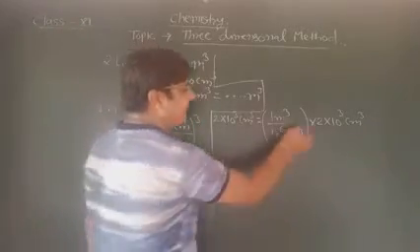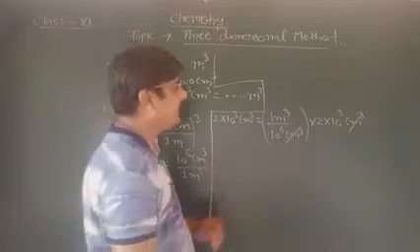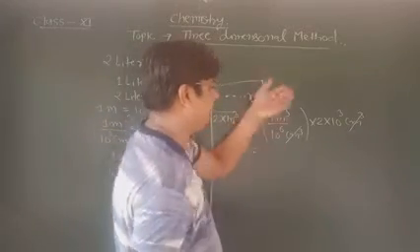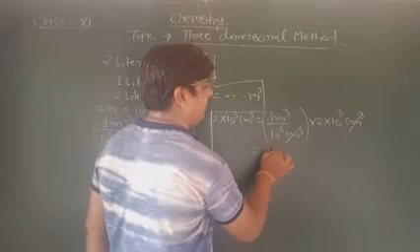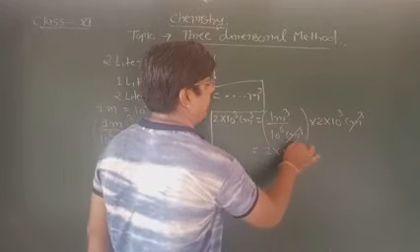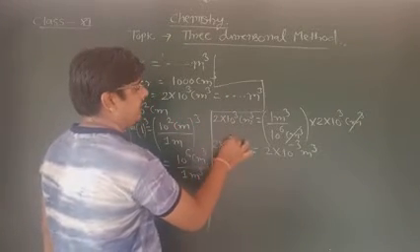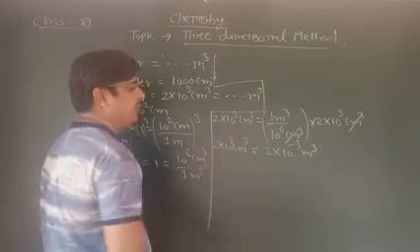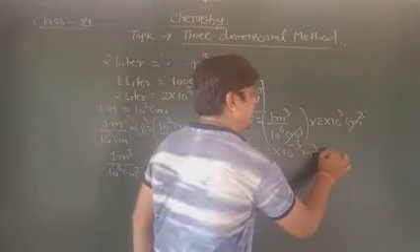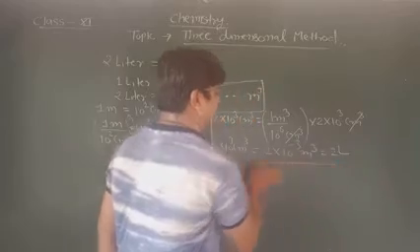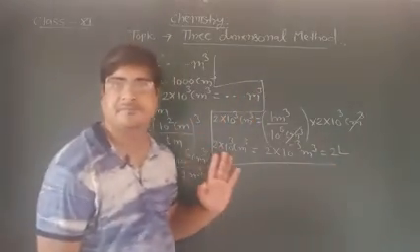The unit centimeter cube cancels. So your answer will be 2 into 10 to the power minus 3 meter cube, which is equal to 2 liter.